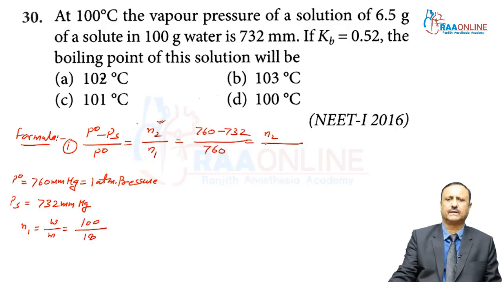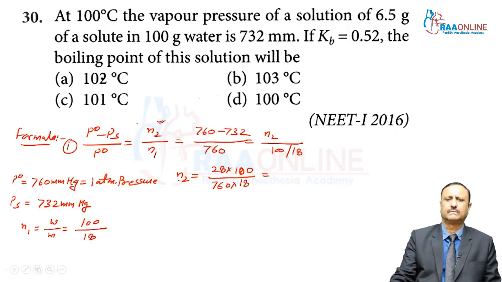So you can put here 100 upon 18. When you solve this, N2 is equal to 760 minus 732, that is 28, multiplied by 100 and divided by 760 multiplied by 18.